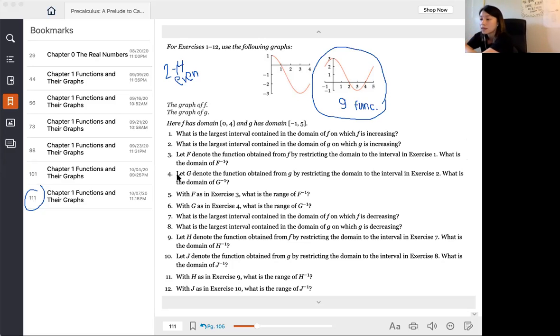And then number 4 and number 6, you're gonna talk about, hey, what is the domain of the inverse of this interval that we just talked about? Okay, so we can do this one together. What is the largest interval that's increasing? Can you guys tell me in the chat? Where is it increasing?